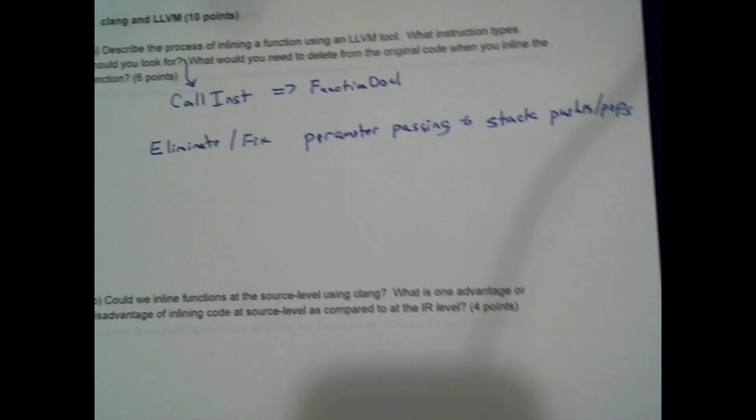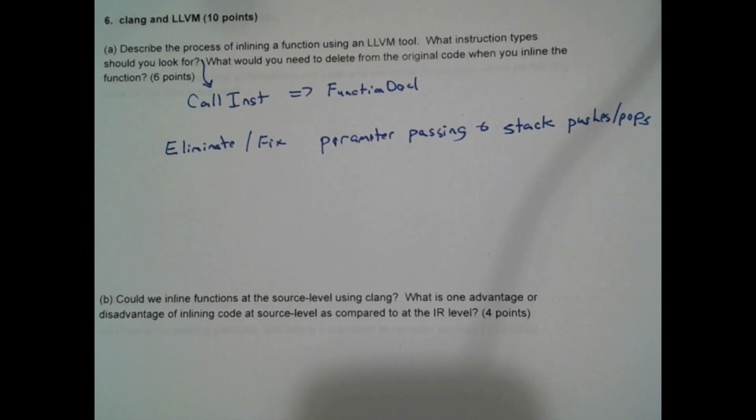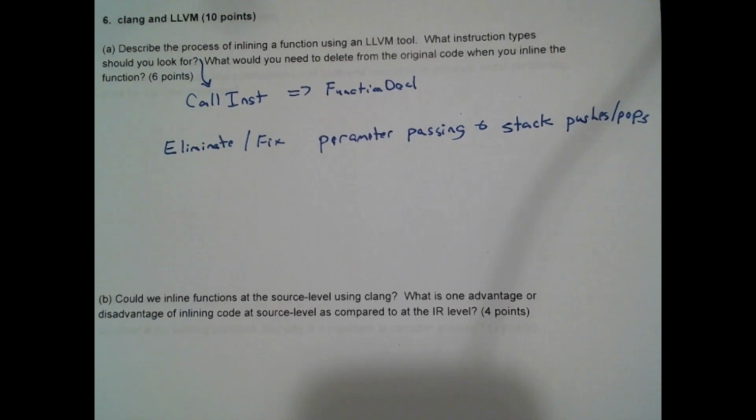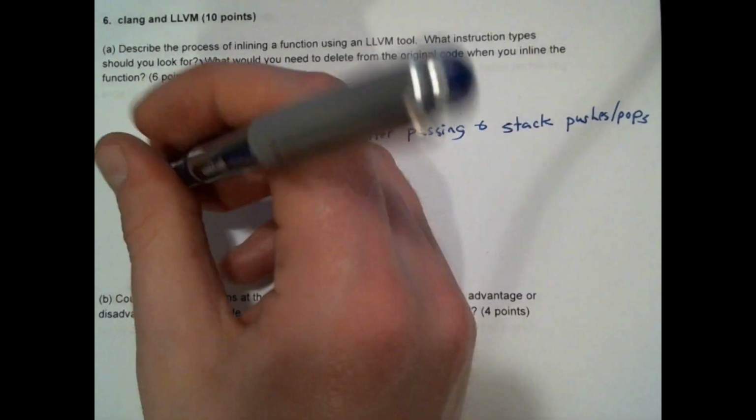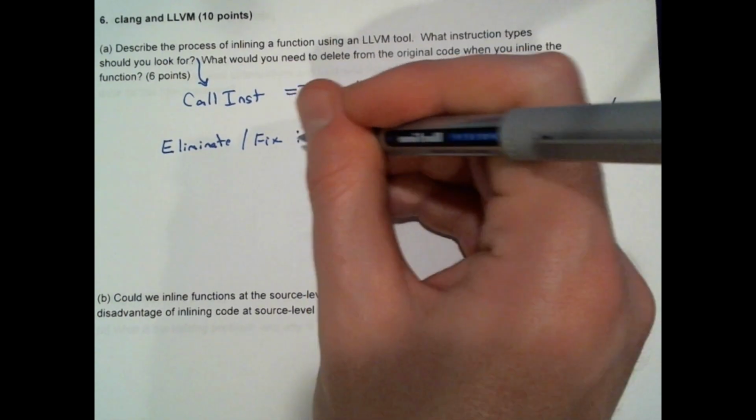Anything that's setting up variables to be passed into the function, we would need to get rid of, or put them in the right register so the inlined code works properly. That would be number one.